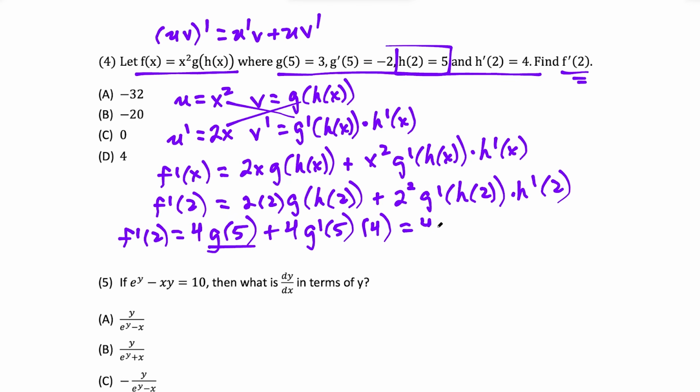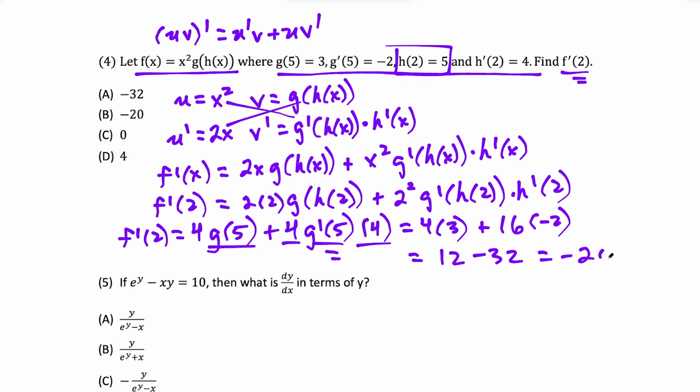So we have 4 times 3, and now we have plus 4 times 4, we could just combine these two to make 16, and then we're multiplying by g prime of 5, which is negative 2. So now we just work this out. Let's see, we have 4 times 3 is 12, 16 times negative 2 is negative 32, and if we do 12 minus 32, that's going to give us negative 20, and that's going to match up with choice B.